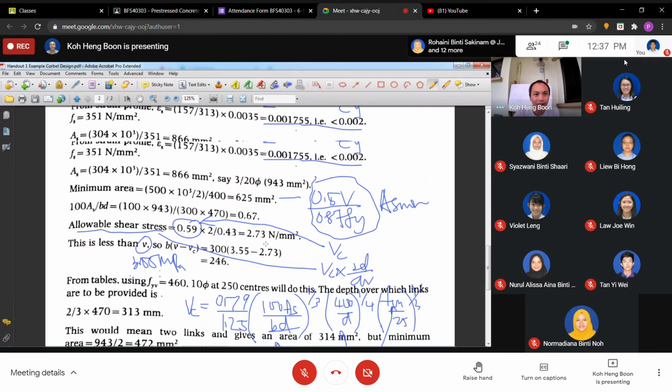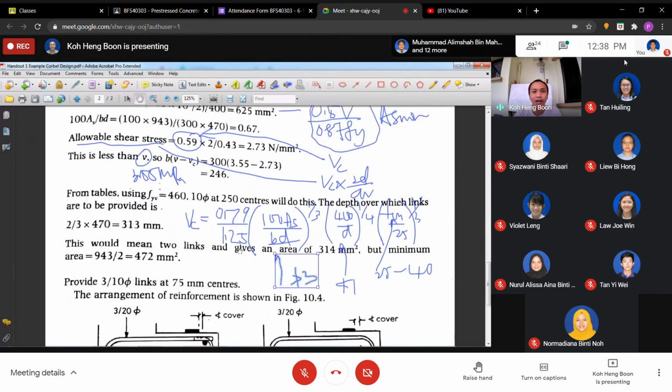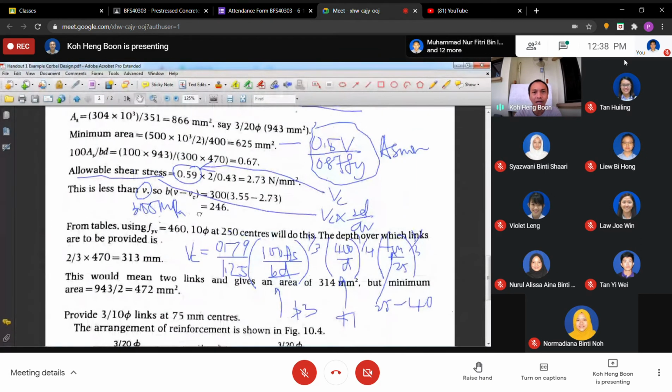So 2D over AV is basically 1 over 0.43. It's somewhere here. So basically, the enhanced shear strength becomes 2.73 from 0.59.